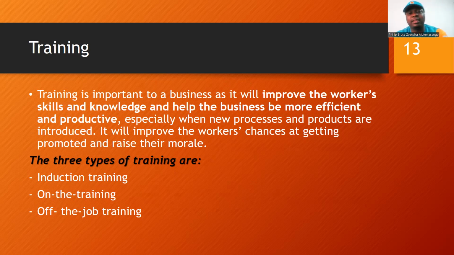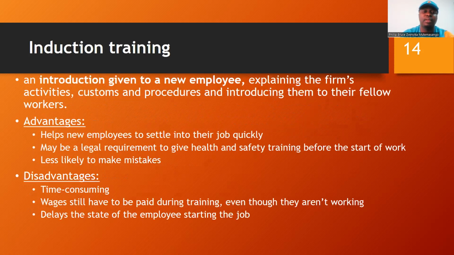So training can be done in 3 ways. First one here is what we call induction training. Secondly, on-the-job training. And thirdly, off-the-job training. Let's talk about the first one, induction training.